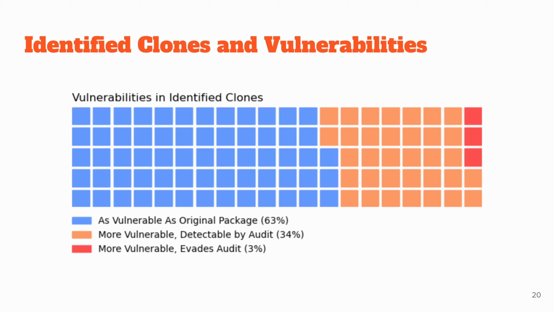Another 34% of identified clones are more vulnerable than the original package, but these vulnerabilities can be detected by NPM's auditing feature. And in 3% of identified clones, they're more vulnerable than the original package, and these vulnerabilities cannot be detected by NPM's auditing feature because the vulnerabilities were copied over from the original package's codebase directly.